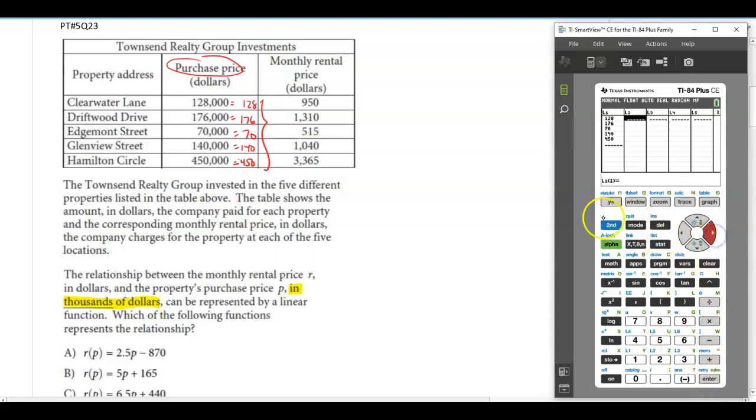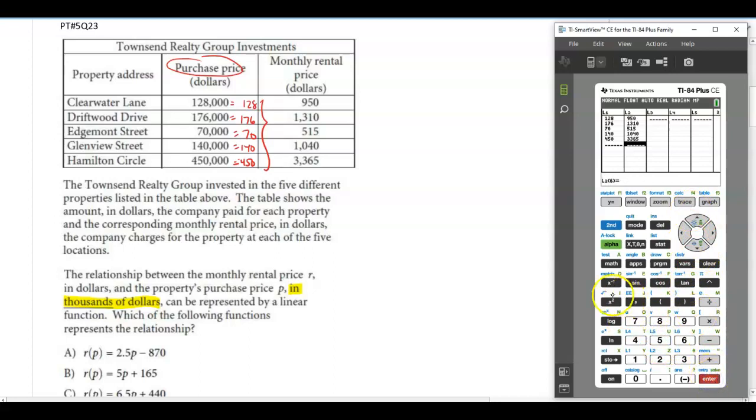Then I'm going to arrow over and enter the monthly rental price right in here. So 950, 1310, 515, 1040, and 3365.